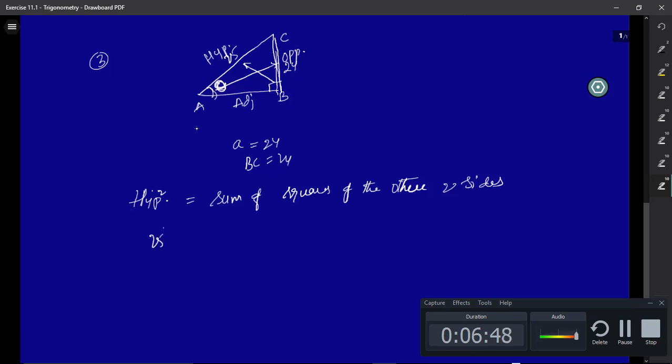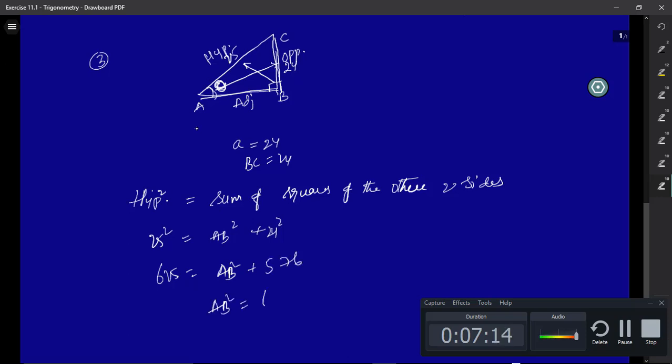Hypotenuse is 25, and hypotenuse square is the sum of squares of the other two sides. What are the other two sides? AB and BC. AB I don't know, so I'm writing AB as it is. BC I know, it's given as 24, so I'm writing 24 here. 25 square is 625. 24 square is 576.